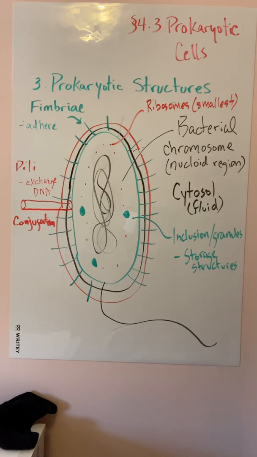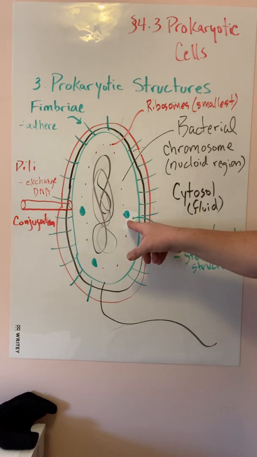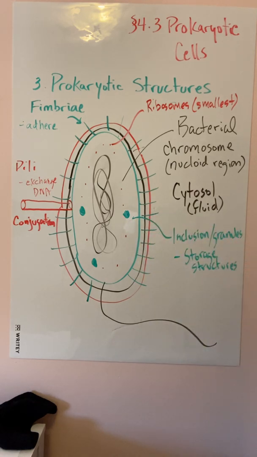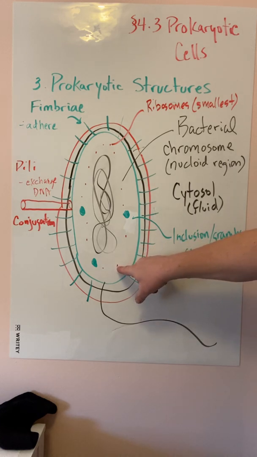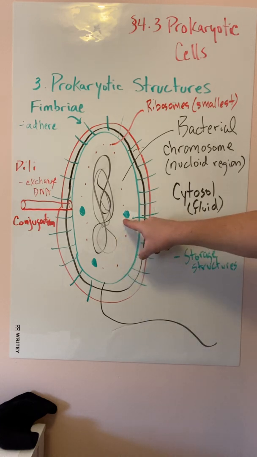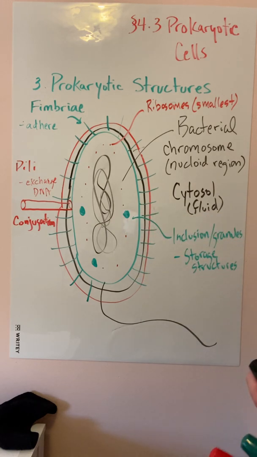So let's say you find a whole bunch of salt. You're going to bring it in, glom it all together and let it just sit in the cytosol. You find a whole bunch of fat. Great energy source. Bring it in, put it all together, let it sit in the cytosol. You can break it down later as you need it. So smallest units, ribosomes. Large solid units, inclusions.